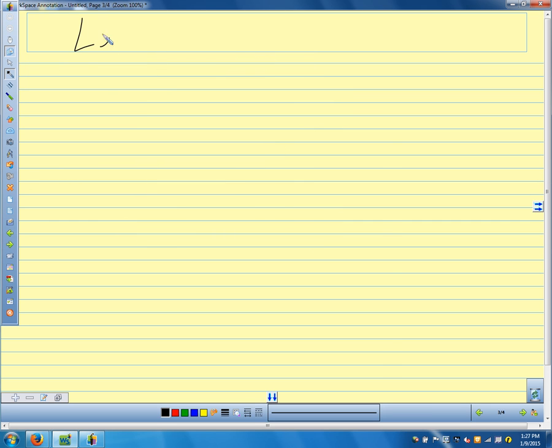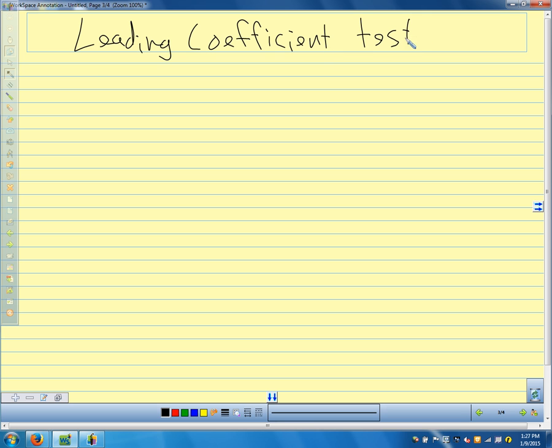So our leading coefficient test tells us on the left-hand side and on the right-hand side, as x gets very large, x gets very small, what does the function eventually do? Does it eventually do this, this, this, or this?